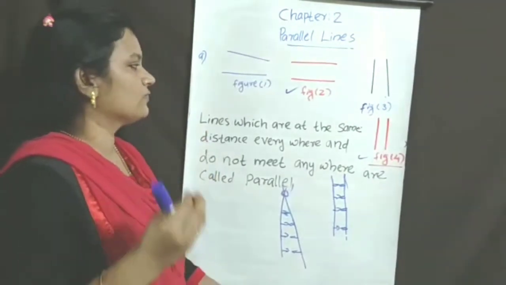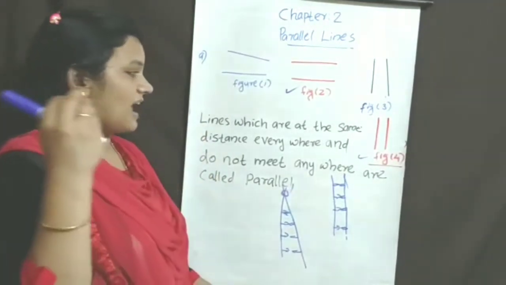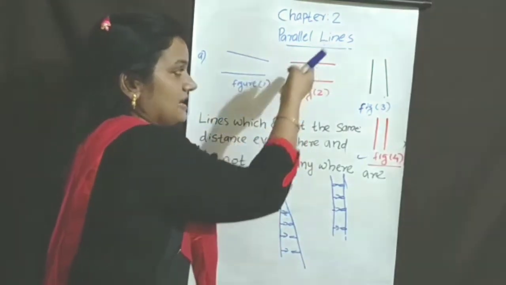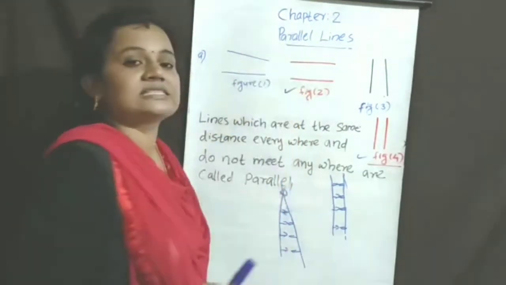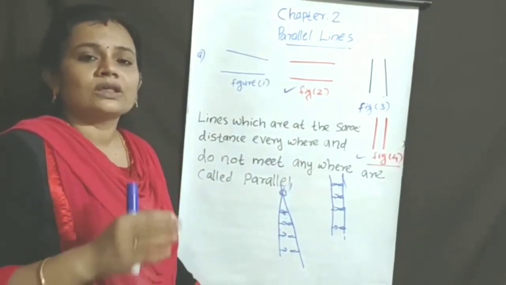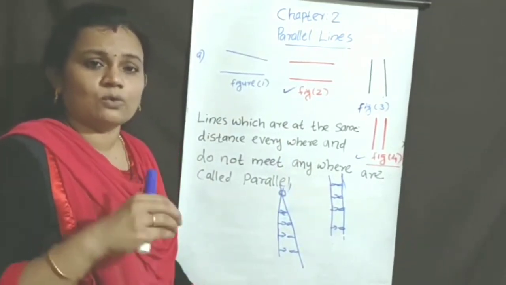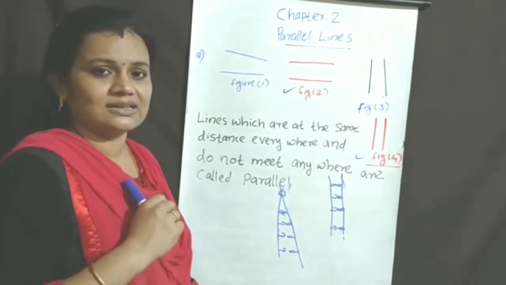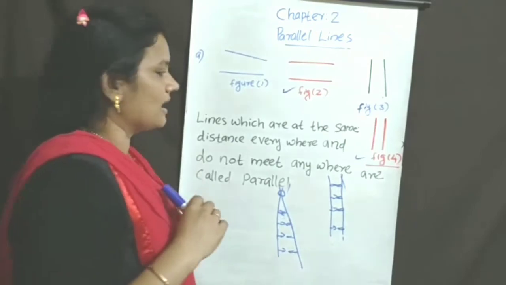They have the same distance everywhere and will never meet. Okay, then I will ask one question: what do you mean by parallel lines?